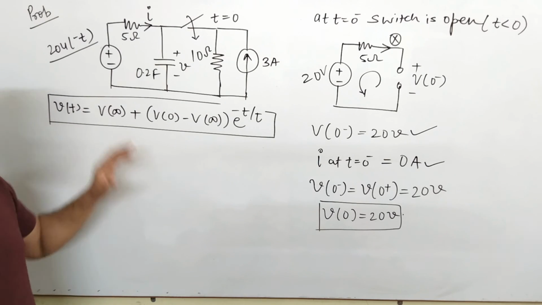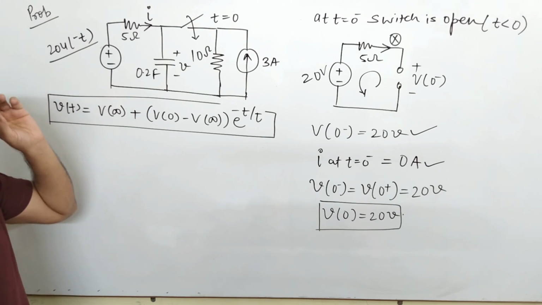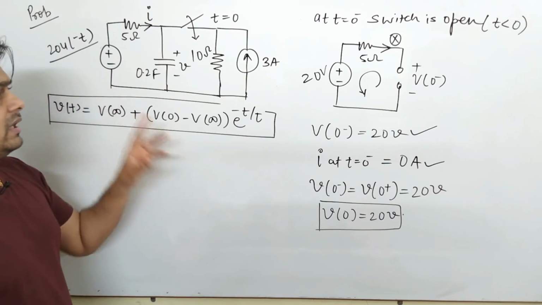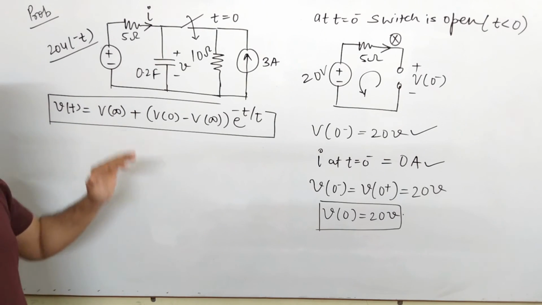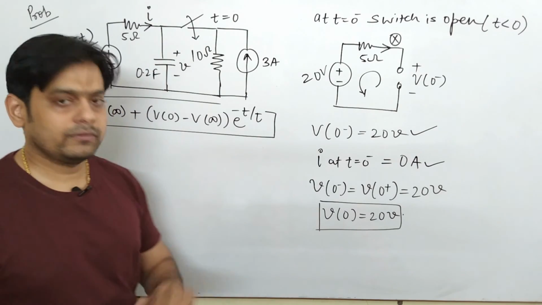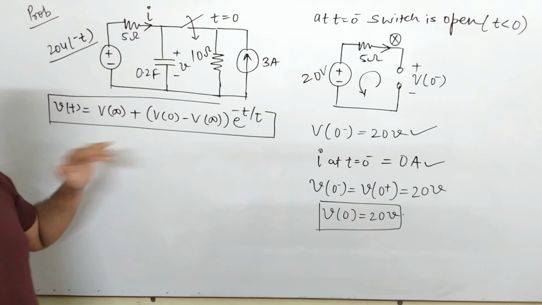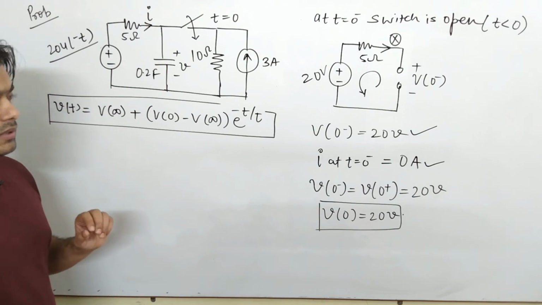Otherwise it is not possible. So keep in mind that in initial condition problems you have to go through a lot of numerical exercises, then only will you be able to solve the problems.